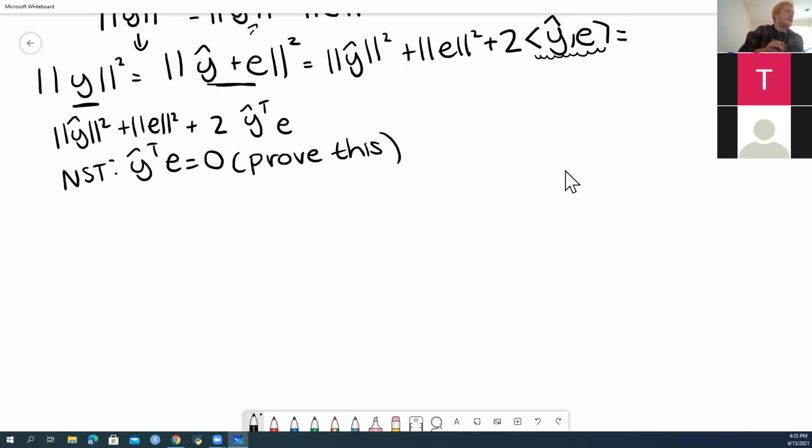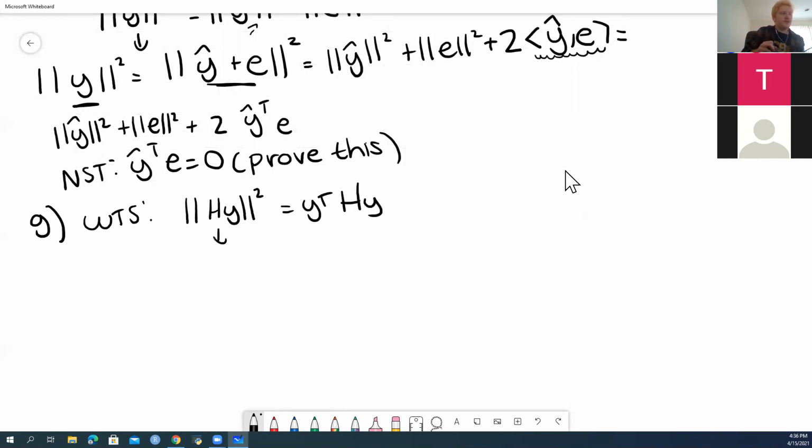The next thing is for G, it says you want to show that the L2 norm of h y squared is equal to y transpose h y.